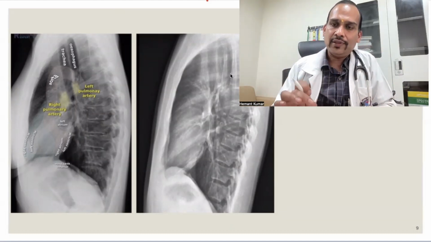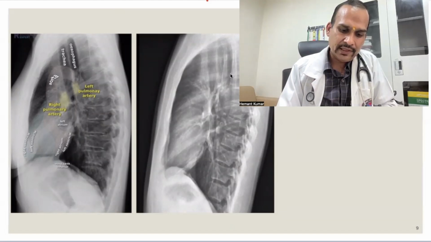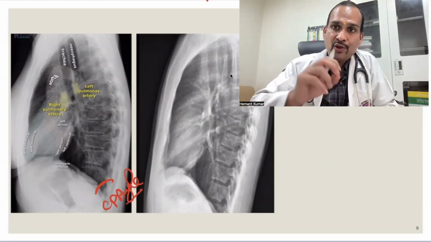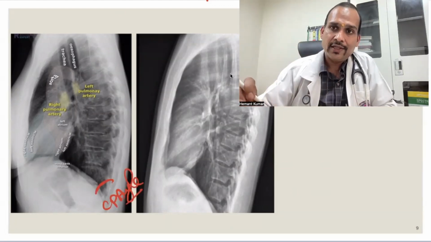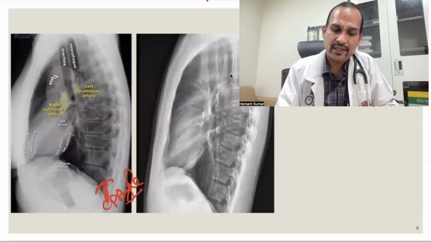In lateral view, a few things need to be seen. What are the things? First, we have to see the CP angle. Whenever there is minimal pleural effusion, which is not obvious in PA view, you can find that effusion in lateral X-ray. It will be obliterated in minimal pleural effusion.